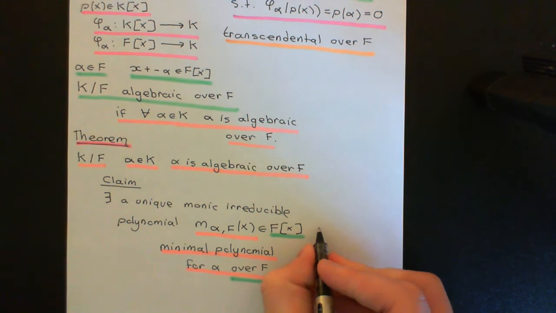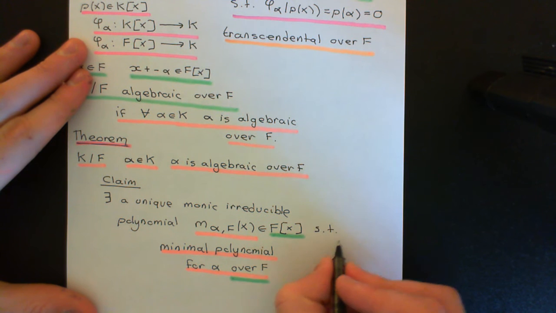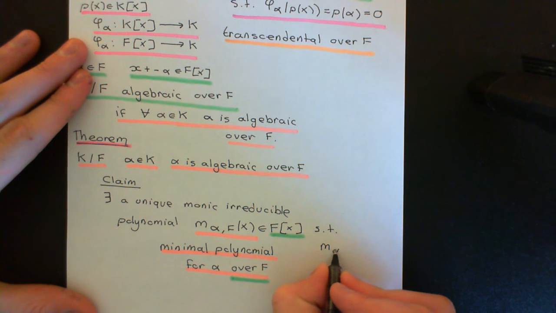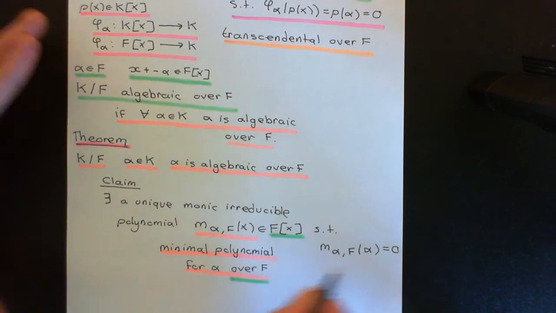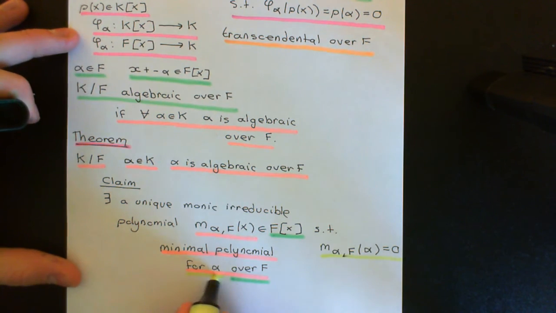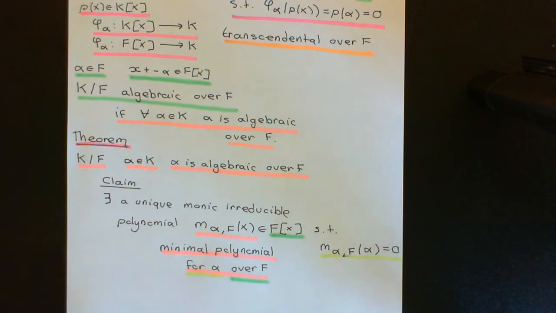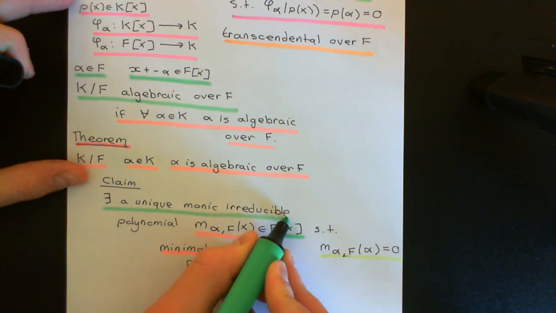Such that if you evaluate this polynomial at alpha, and I'll now use the common notation, so M, the minimal polynomial for alpha over F, evaluated at alpha, you get 0. And this now is the reason that we have the for alpha here, so that's the alpha portion here.